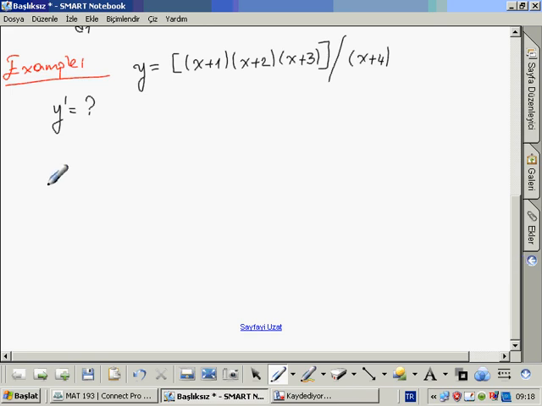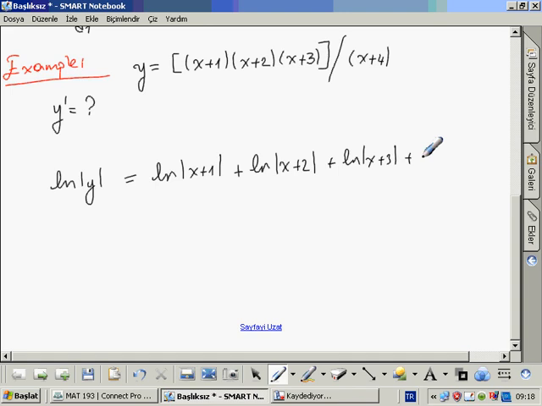I mean that ln of y equals ln of absolute x plus 1, plus ln absolute x plus 2, plus ln absolute x plus 3, minus ln absolute x plus 4. I'm sorry, this sign is minus because here is division.